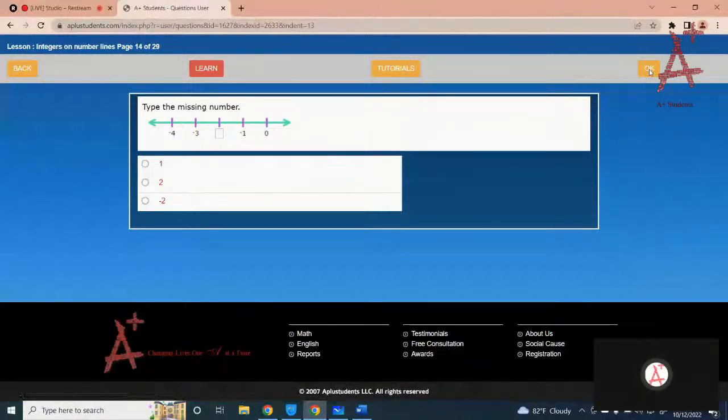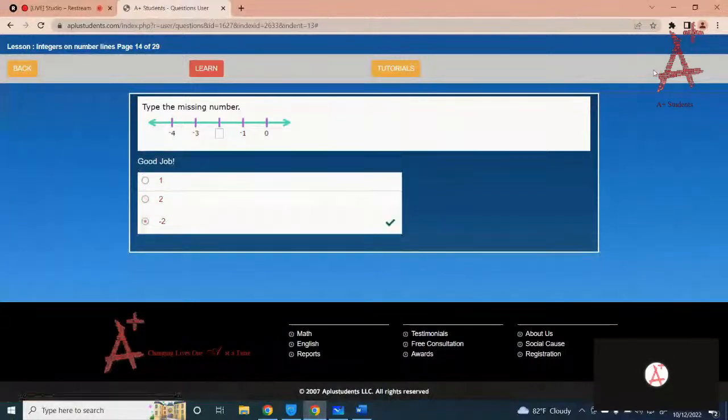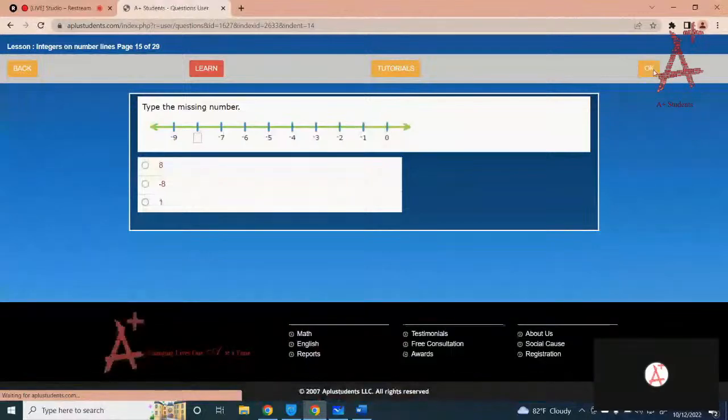Which number is missing in between -1 and -3? It would be -2. Got it? Type the missing number. Which number is in between -7 and -9?